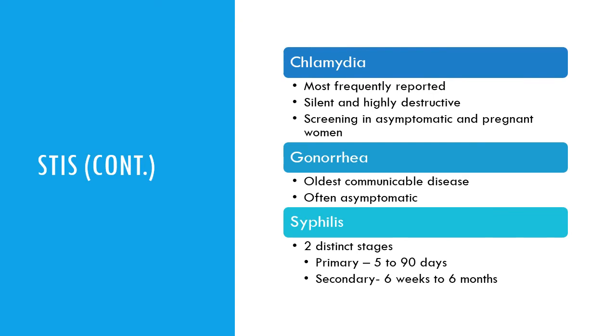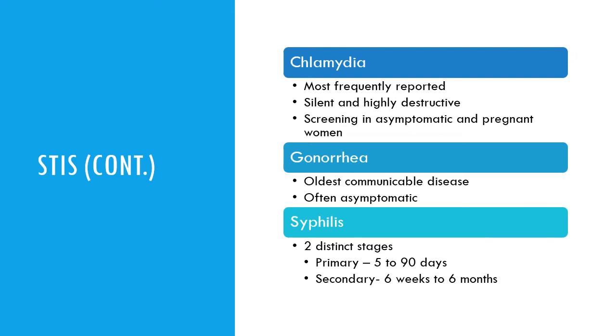So there are 3 reportable STIs. This includes chlamydia, gonorrhea, and syphilis. We're going to talk about each of these. The big things that I want you guys to get out of this is the signs that we see, and also fetal effects of STDs.